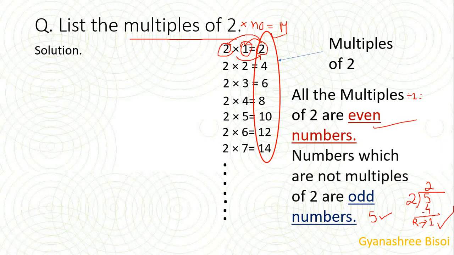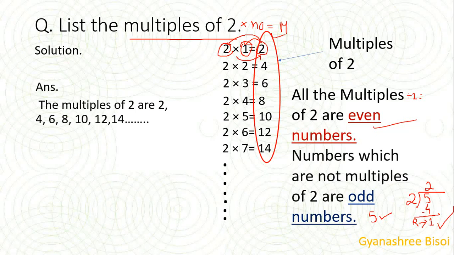Right? So now we got the multiples of 2. Now answer. The multiples of 2 are 2, 4, 6, 8, 10, 12, 14 and so on. Keep on multiplying and get the multiples of 2. So we can take any number and find its multiples.